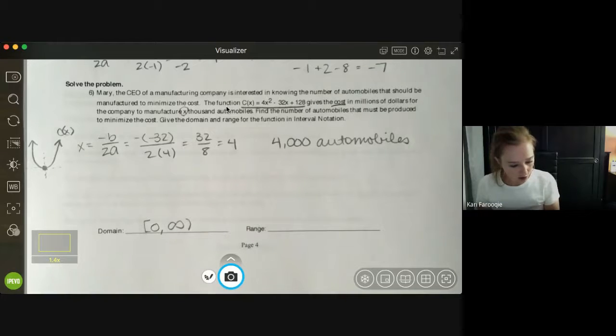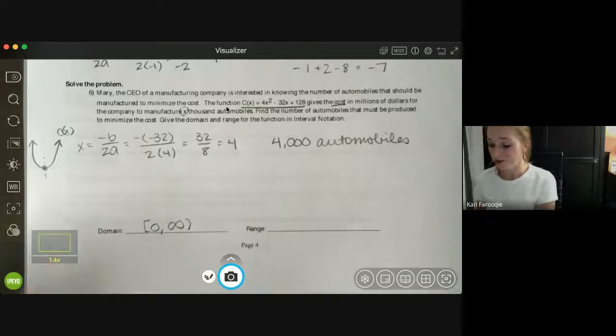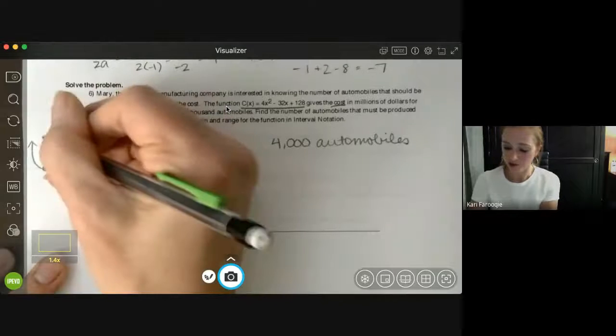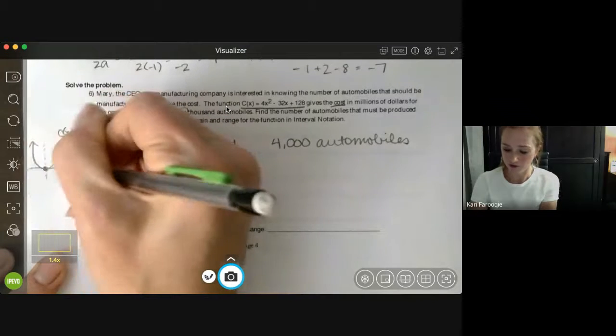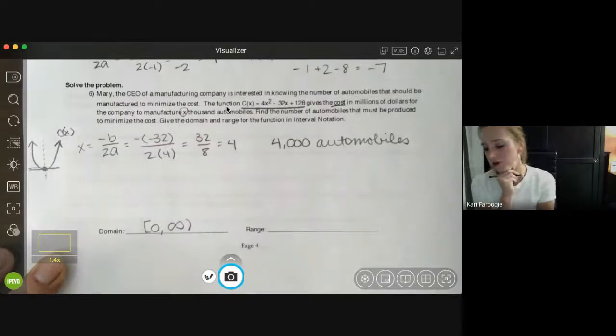So we've got to think about these things when we're talking about real world applications. As far as the range is concerned, we're talking about a minimum cost. And I just said that we don't need to talk about the cost, but actually we do. Because to talk about the range of the function, we need to find out what this smallest value is where our vertex is sitting.